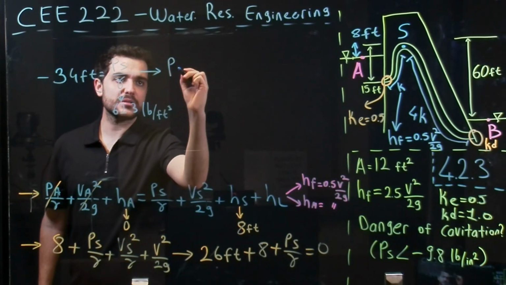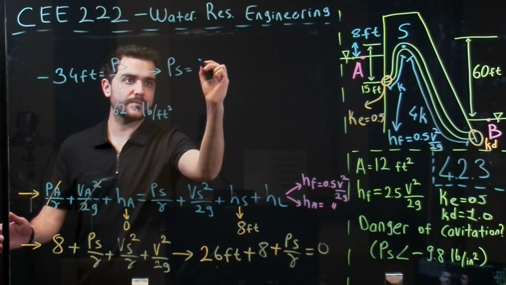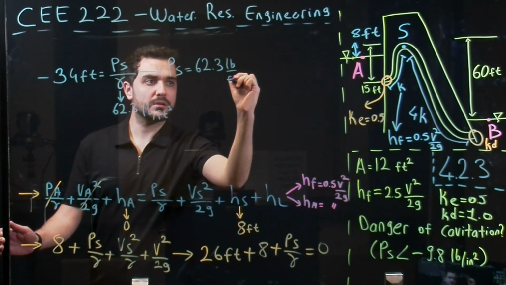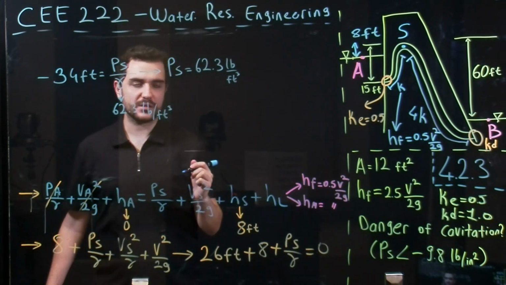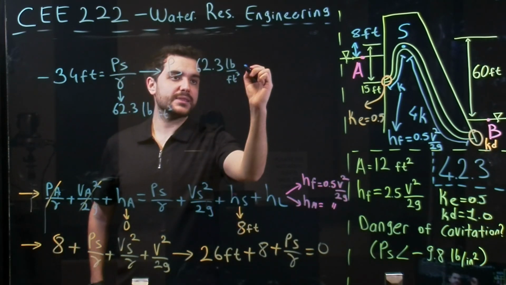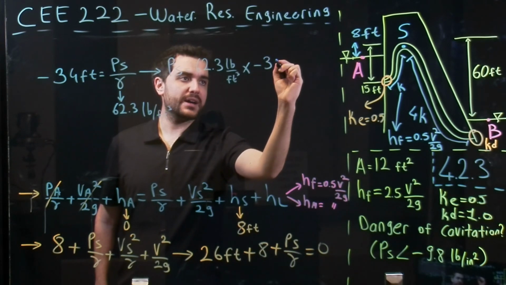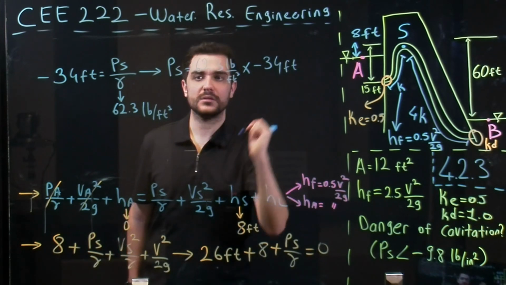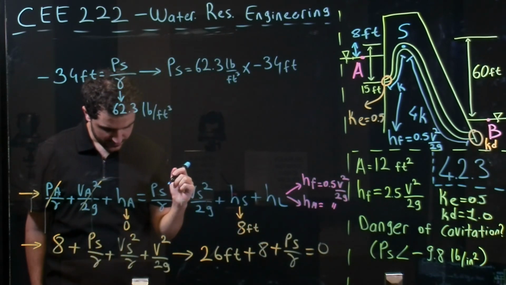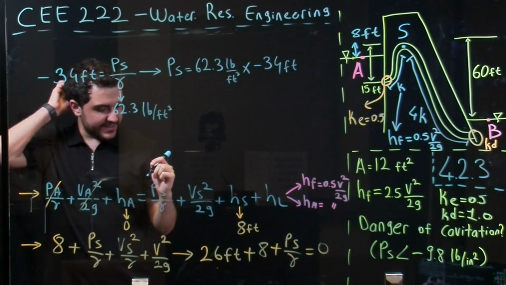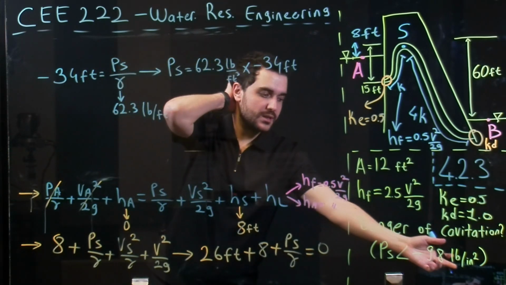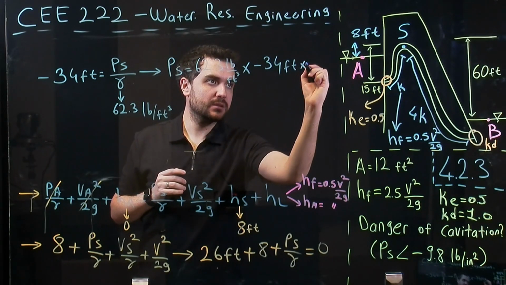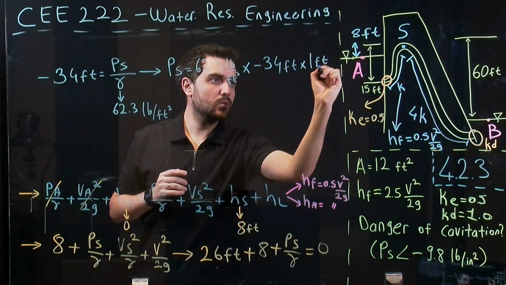So from here PS will be equal to 62 pound per cubic feet times minus 34 feet, and since we need to find this in inch and this is feet, we will also divide it by 144.